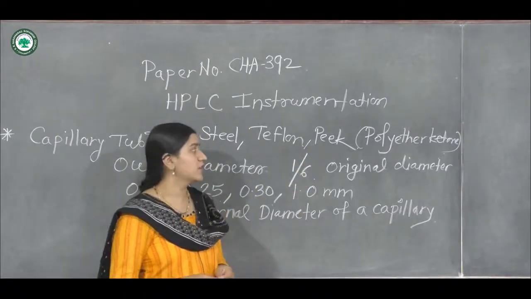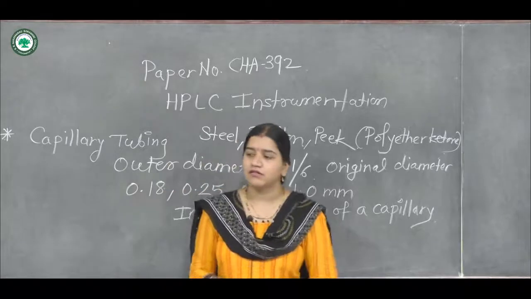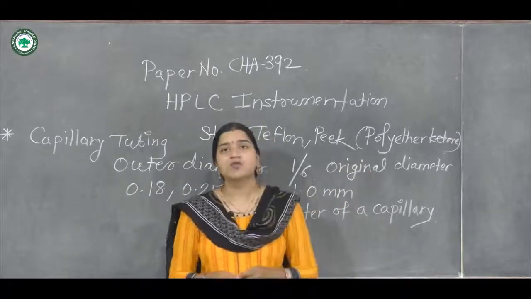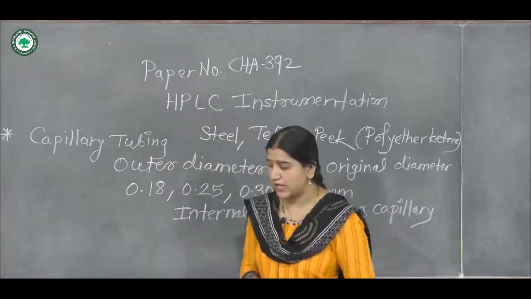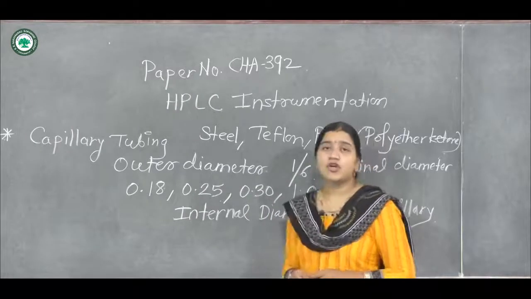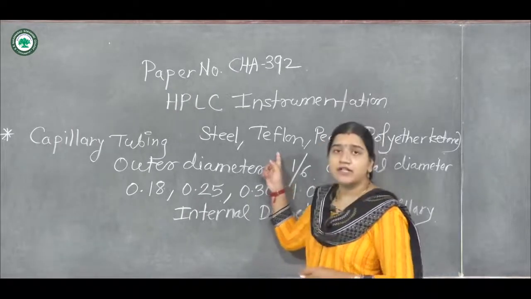And PEEK, where you are using the polyether ketone, also provides good chemical resistance as well as good corrosion resistance, but it cannot withstand a high pressure range. And what is the advantage of Teflon?